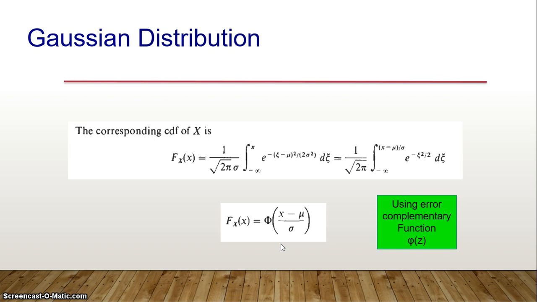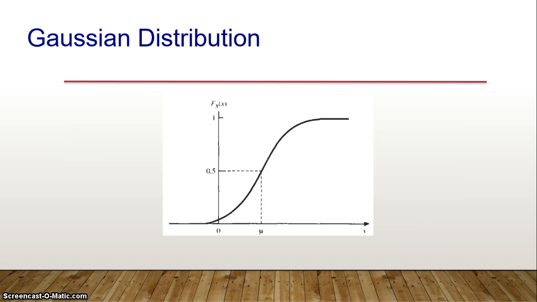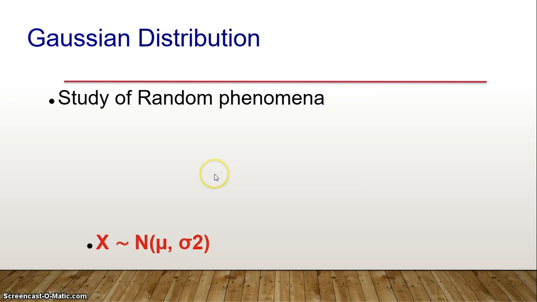We have to remember both the uniform and Gaussian density functions as well as their distribution functions. If you see how it looks, any distribution function is monotonically increasing, and at the mean mu it is exactly 0.5, the middle value.